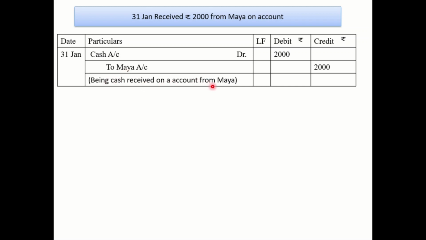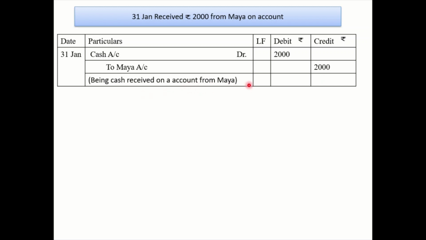Cash is coming into the business. That's why cash account is debited. To Maya's account: here Maya is the giver of the cash. As per the personal account rule, credit the giver. So Maya's account is credited with rupees 2,000. Being cash received on account from Maya.